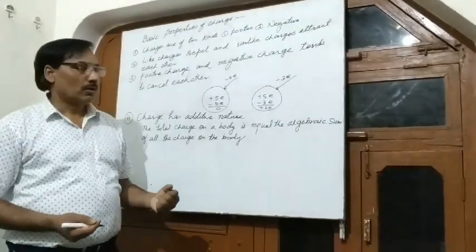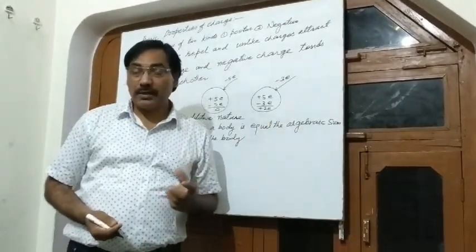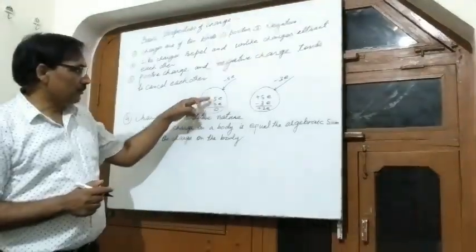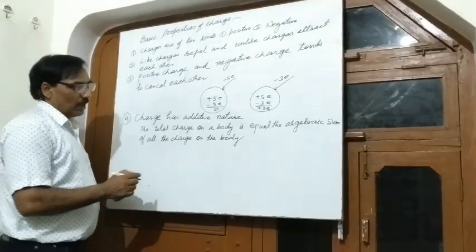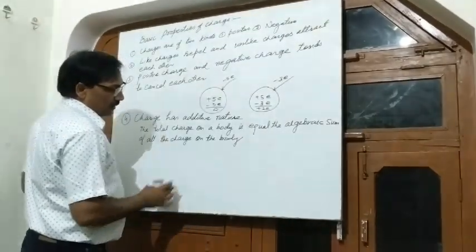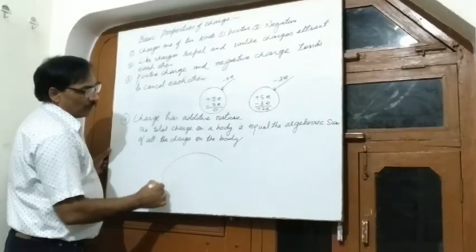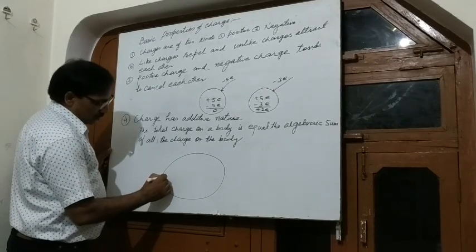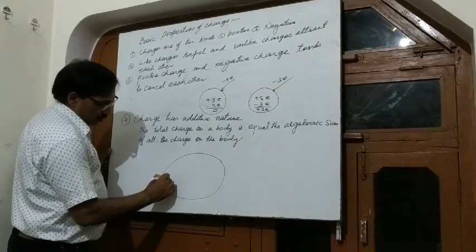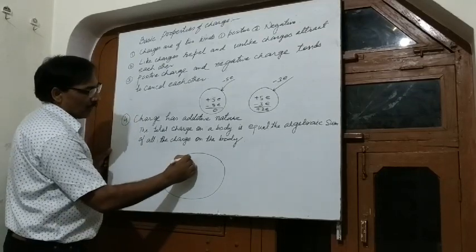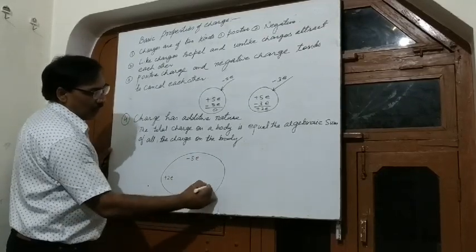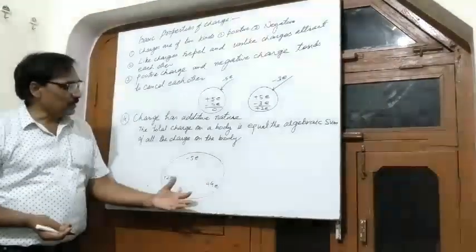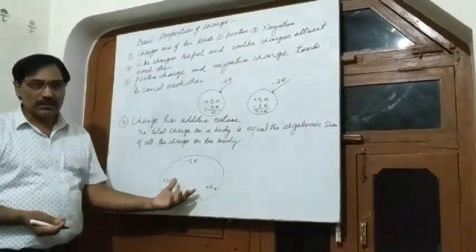Algebraic sum. When we do algebraic sum, then we take the sign, whether it is positive or negative, in consideration. For example, suppose this is a body and you have given plus 2e charge here, minus 5e here, and plus 4e there. That is, at different parts of this body we have given these charges.